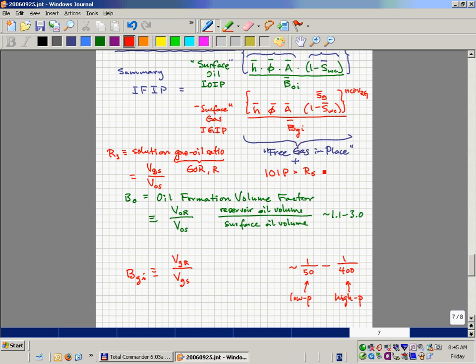This term is called the initial gas in place, coming from the reservoir oil. So you get surface gas from two places. You get it from free gas being produced, and you get it from free oil being produced. And in that free oil is this dissolved gas which comes out at the surface. Is it clear? Or not quite?